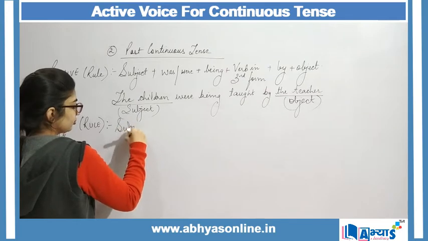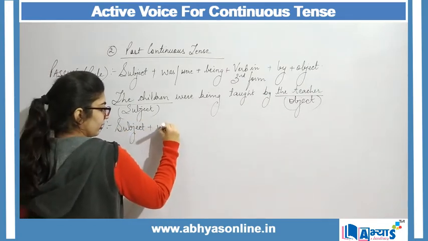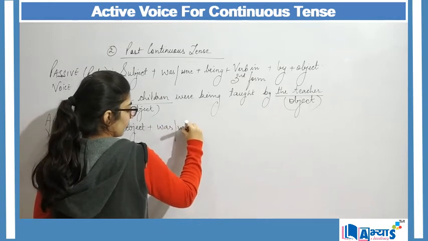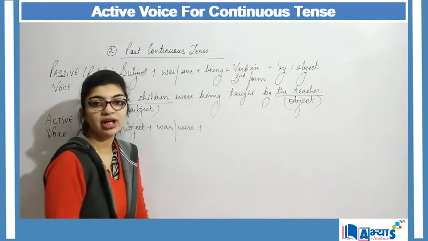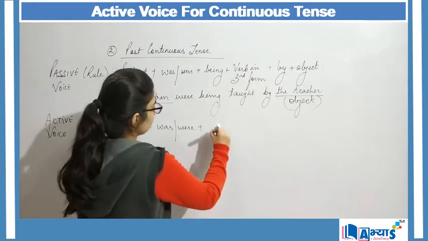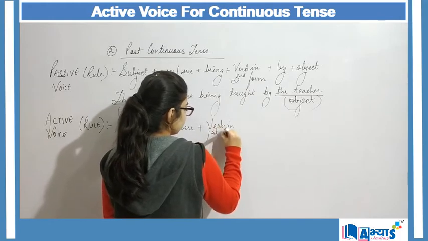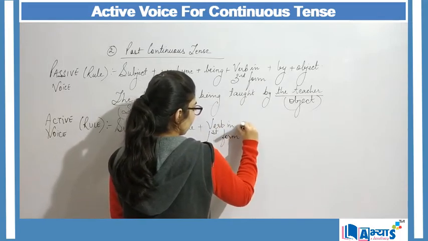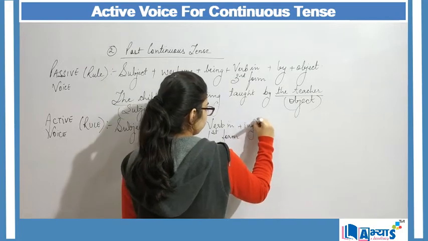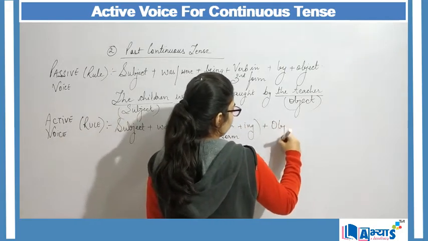And for active voice, the rule is subject plus was or were, plus for continuous it is always the verb in first form plus ing, plus my object.